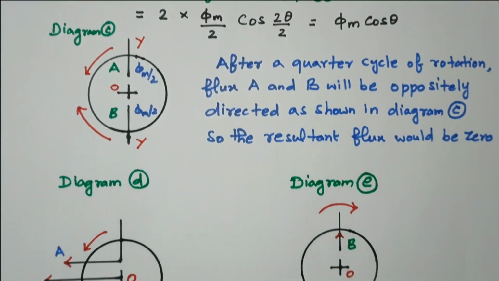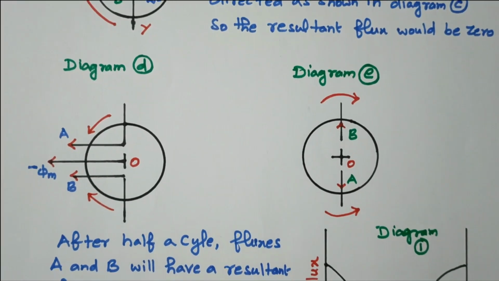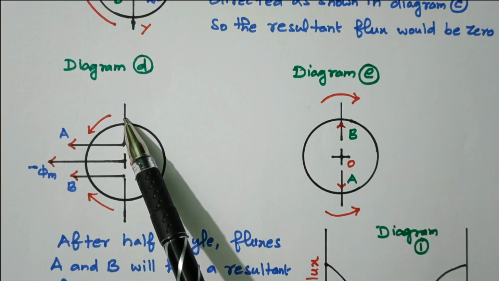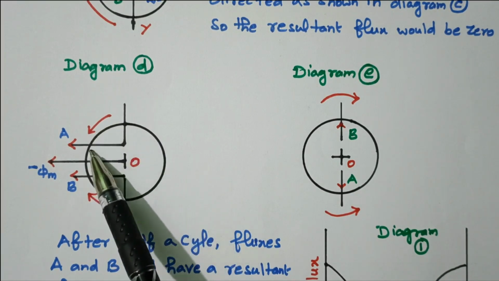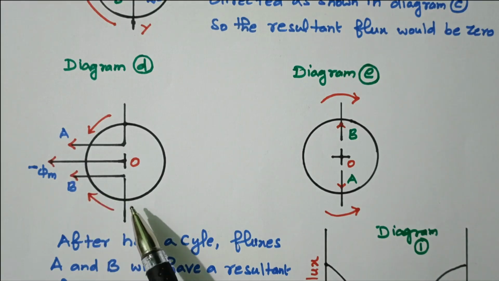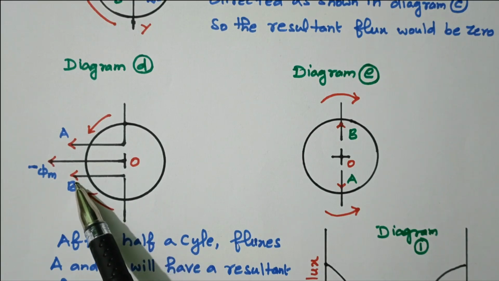Now we'll see another two diagrams. This flux keeps on rotating. After some time, A starts rotating from the top and goes up to this position. Similarly, B, initially available at the bottom, keeps on rotating in the clockwise direction and is available at this position.